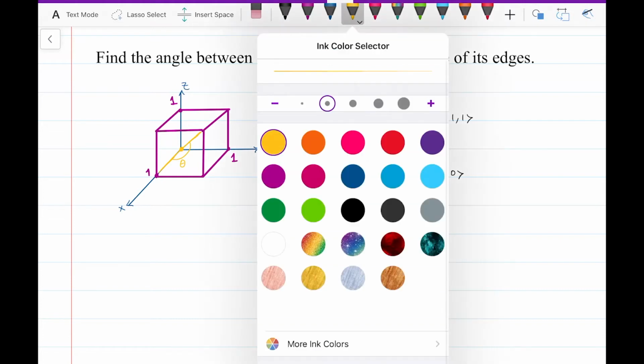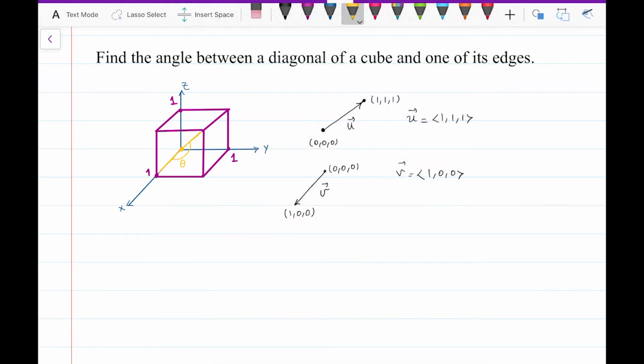Let me give you a recall of the formula. If we have two vectors a and b, and theta is the angle between them, a dot b is the length of a, length of b, and the cosine theta.